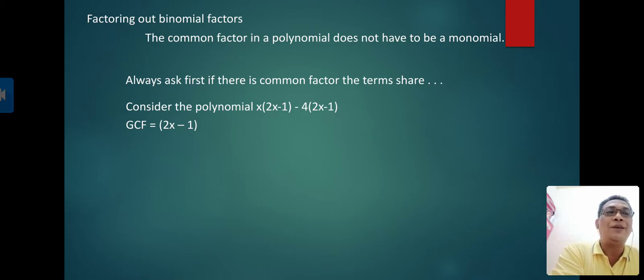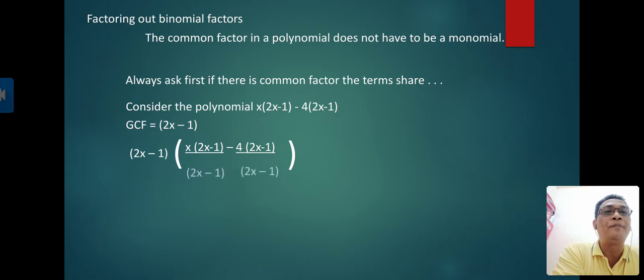In our last video, we defined that the factored form of a polynomial is simply the product of the GCF and the original polynomial divided by the GCF. So that will be your GCF, 2x - 1. That will be multiplied by your original polynomial divided by the GCF.